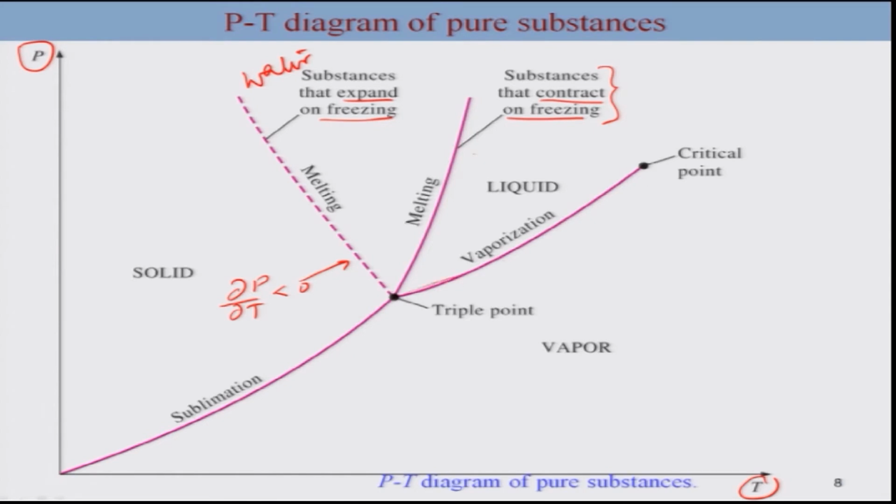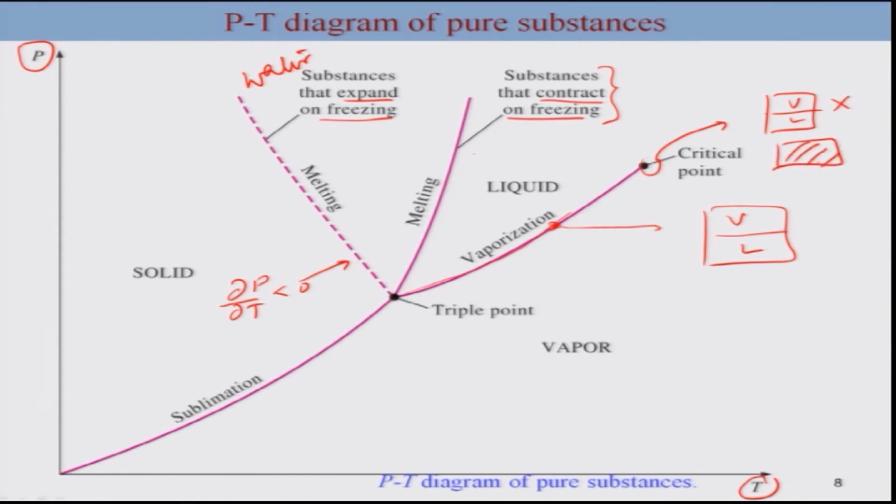Each point on this line represents a system containing vapor and liquid, and at this point you cannot distinguish vapor and liquid, because here there is a homogeneous system. It is difficult to distinguish, and this region here is supercritical, and we will talk about supercritical fluid later in this course.